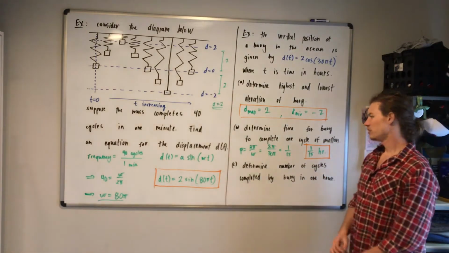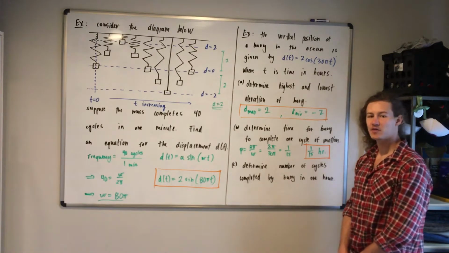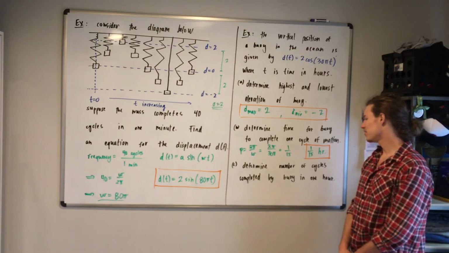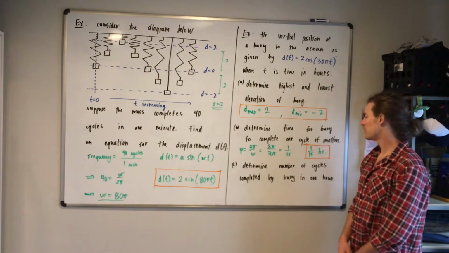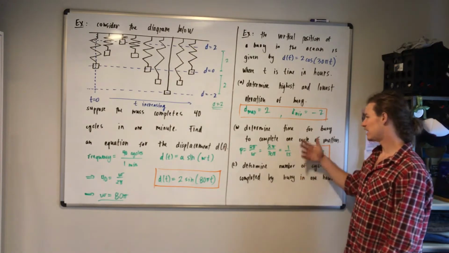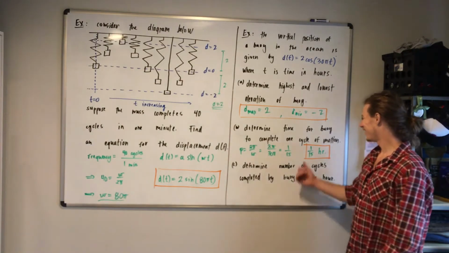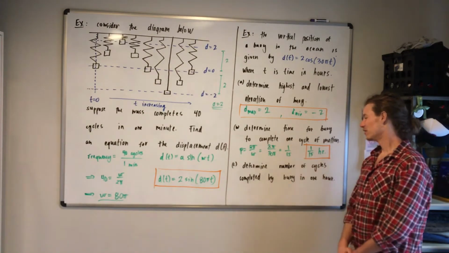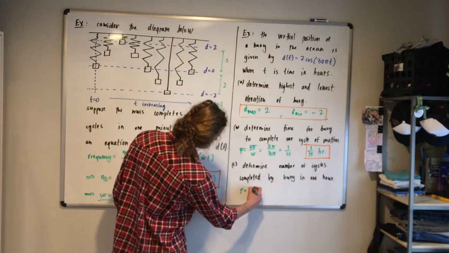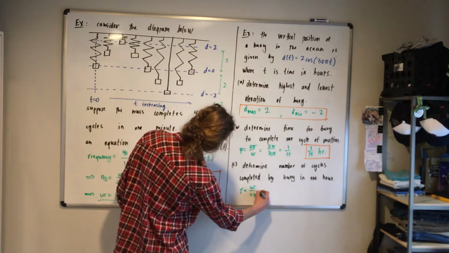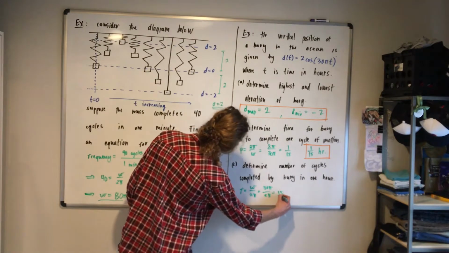So if in 1/15th of an hour we complete one cycle of motion, how many cycles would we complete in 1 hour? We'll see that would be 15. We could do that by looking at the reciprocal of our period, or by our general understanding of motion. We could also use our definition for frequency, where frequency is omega over 2 pi, in this case 30 pi over 2 pi, which is equal to 15.